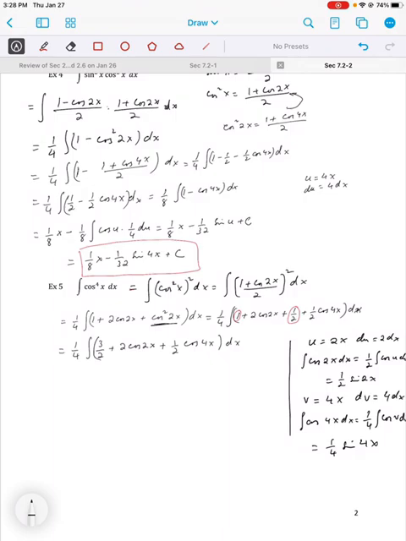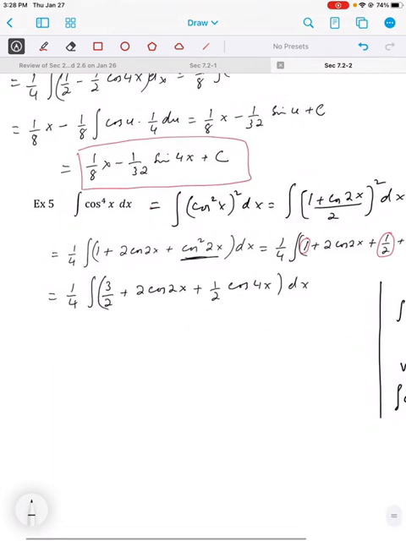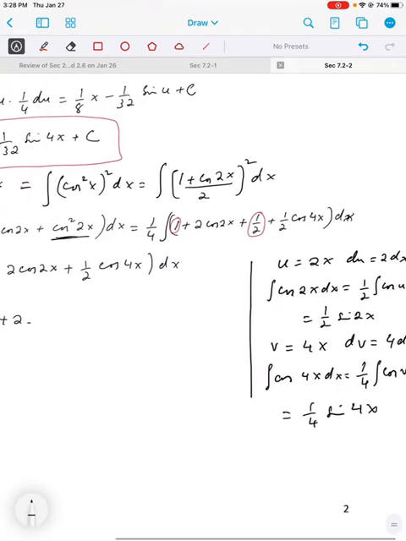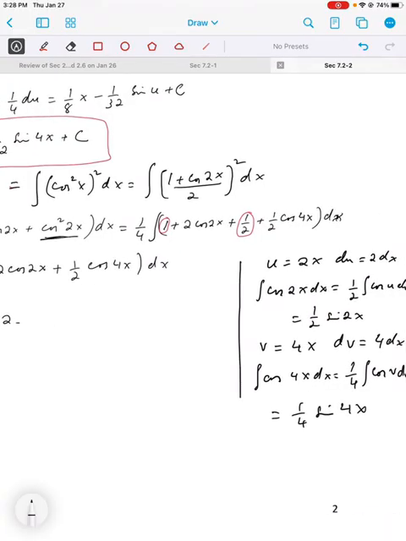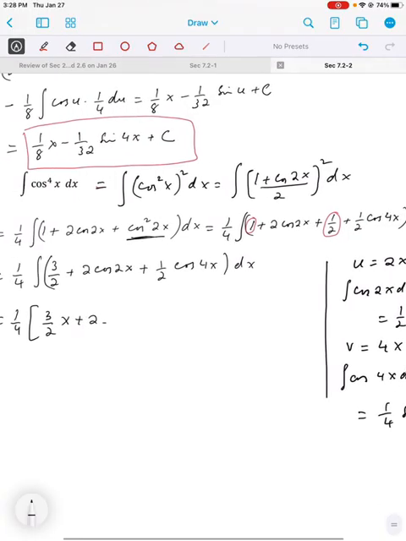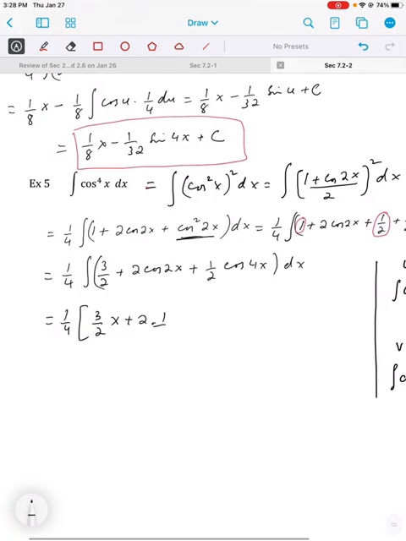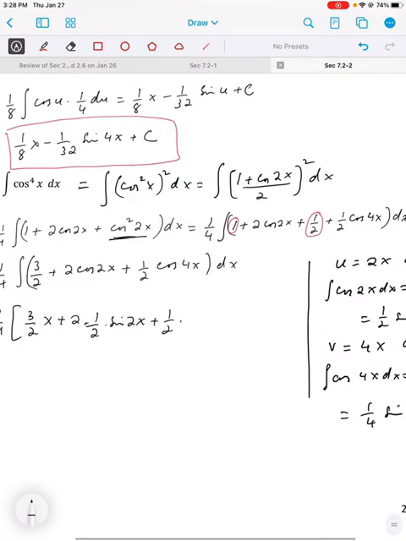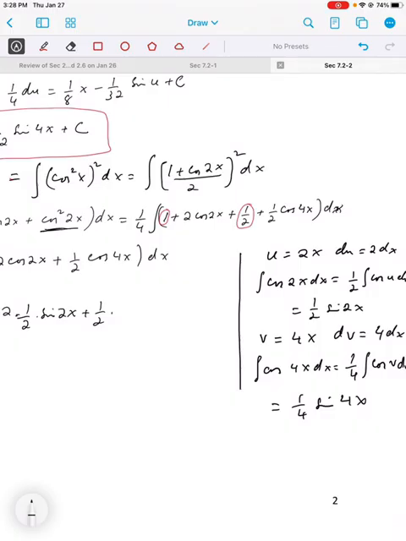And now we can bring that over here. So we have now 1 over 4 times 3 over 2 x plus 2 times, so remember the antiderivative of cosine 2x was 1/2 sine 2x, plus 1/2 times, so the integral of cosine 4x was 1 over 4 sine 4x, plus c.